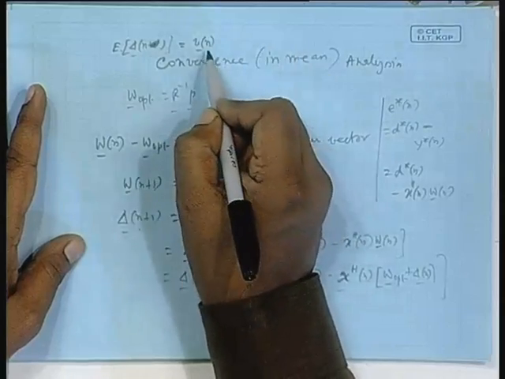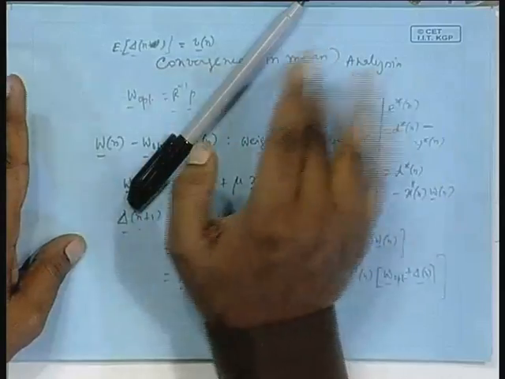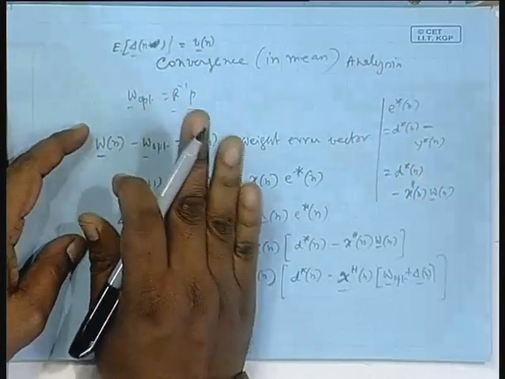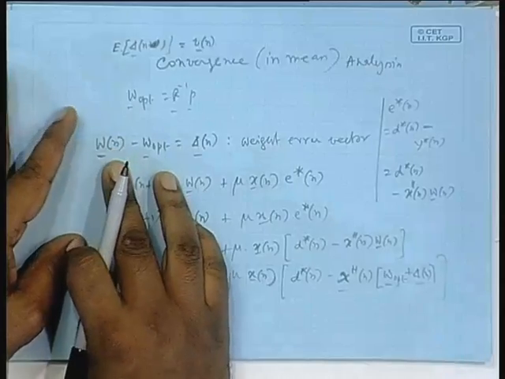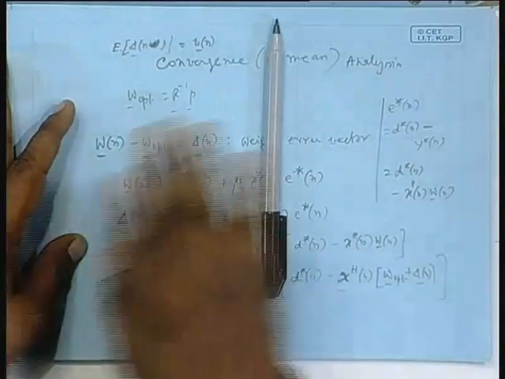But remember, I am putting an n here because it is not really stationary, because of the filter weight vector. Where does delta n come from? Delta n is nothing but W n minus W opt. W opt is a constant. So, delta n is equivalent to W n. But W n is not a stationary process, it is changing with time by a recursive equation, the LMS update equation, isn't it?